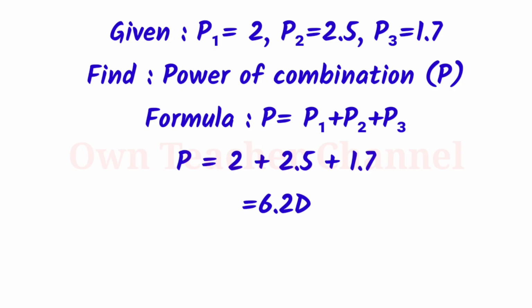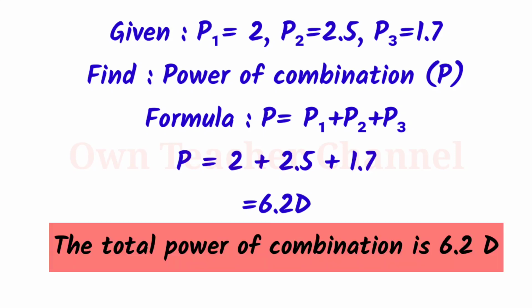We have to find out power of combination P. So our formula is P is equal to P1 plus P2 plus P3. We will keep the value 2 plus 2.5 plus 1.7. After addition, we will get power of combination 6.2D.